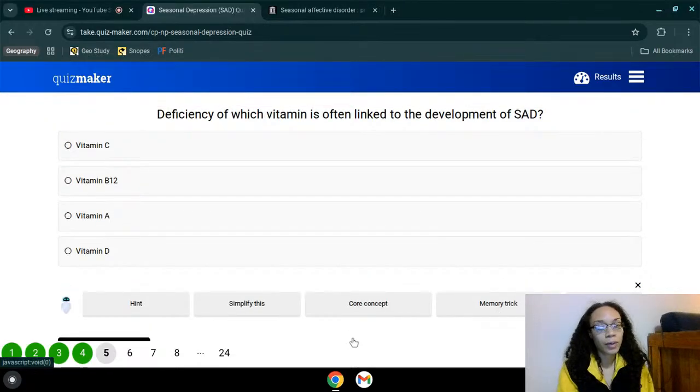Deficiency of which vitamin is often linked to the development of SAD? Vitamin C, vitamin B12, vitamin A, vitamin D. I think it's vitamin D.